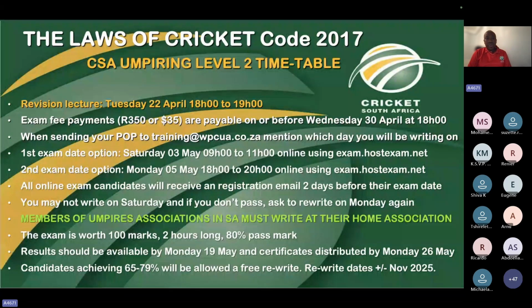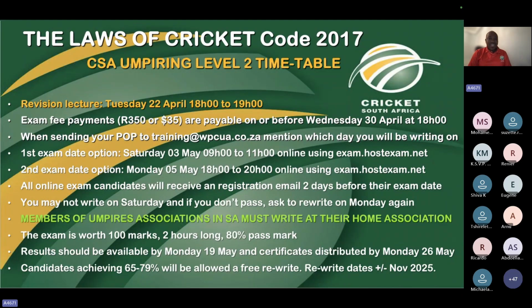I noticed a question in the chat box, I think it was from Shiva, asking when is the latest date that we can tell you that we are writing on Saturday or Monday and we can change our decision. Umpires are allowed to change their decision.